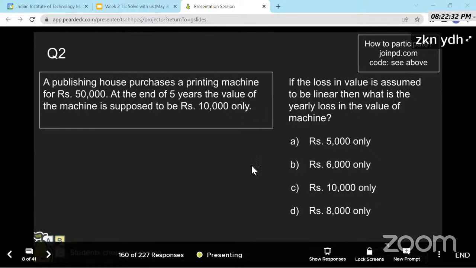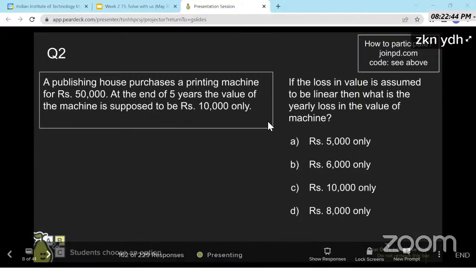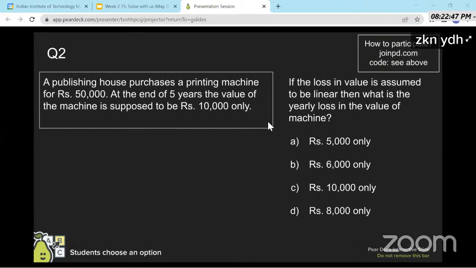Okay, Sai, could you tell me how did you get option C? Because, sir, it took 5 years where the value changes from... Excuse me, my name is Chaitanya. Yeah, Chaitanya. I have told it in a simple way.